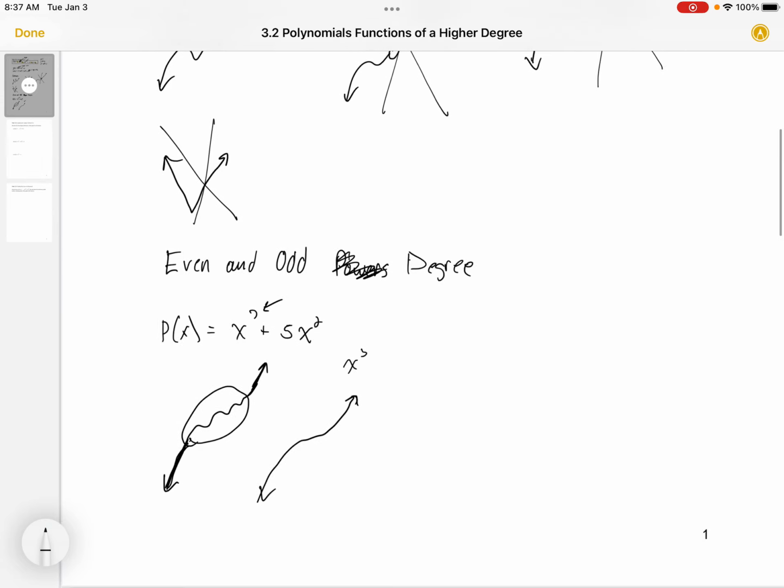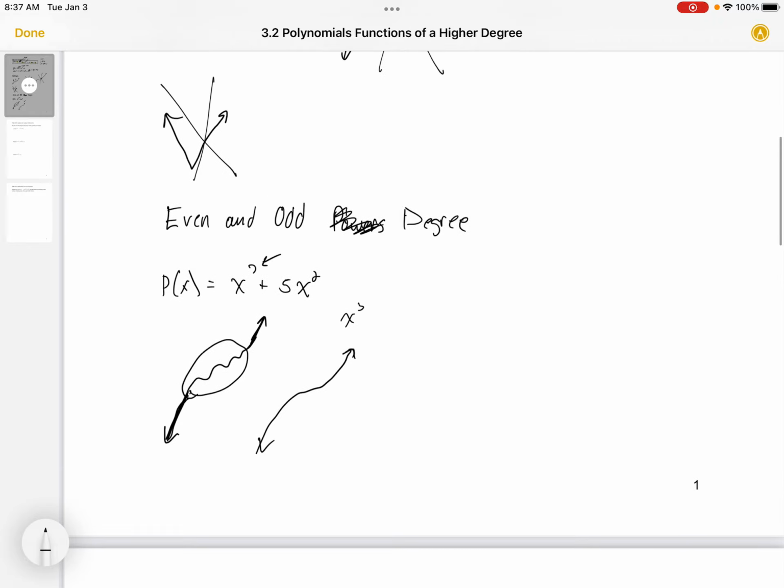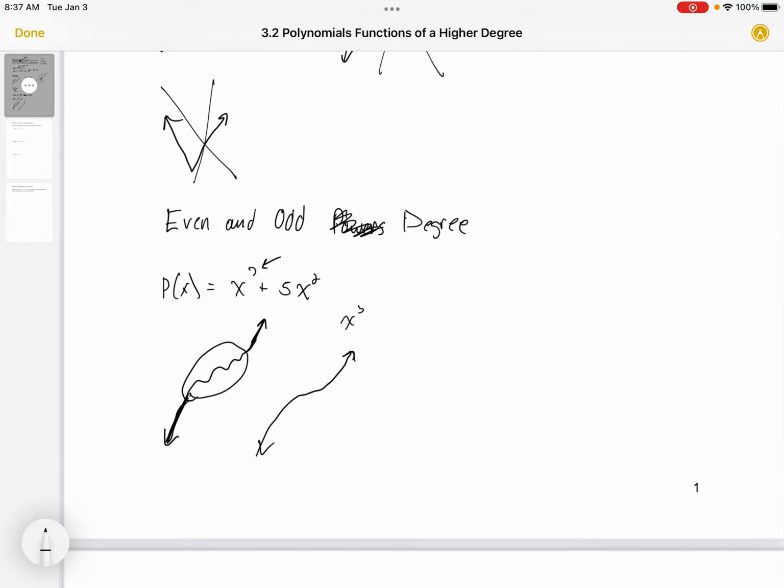So the end behavior here, as x increases, as x goes to infinity, your y values, your f of x values, also go to infinity. That's looking to the right. That would be your right end behavior.